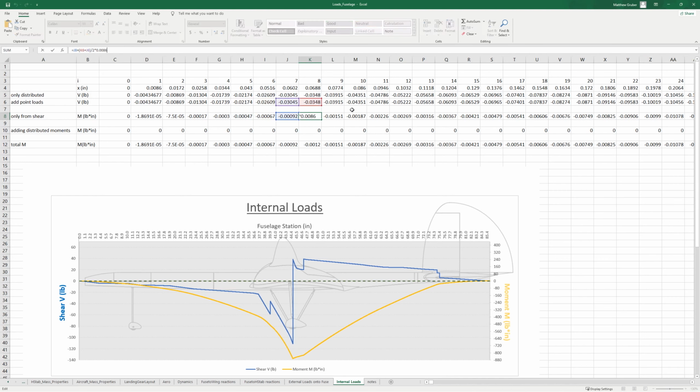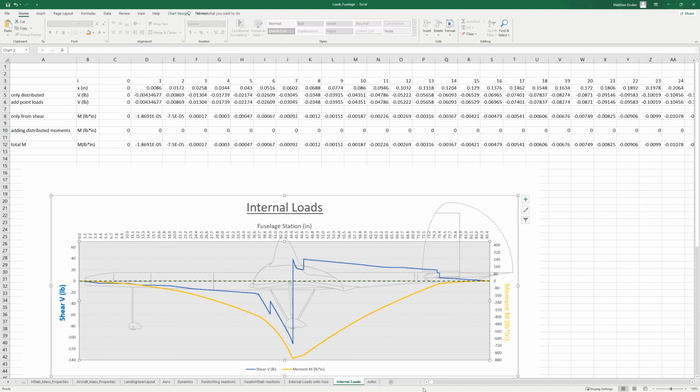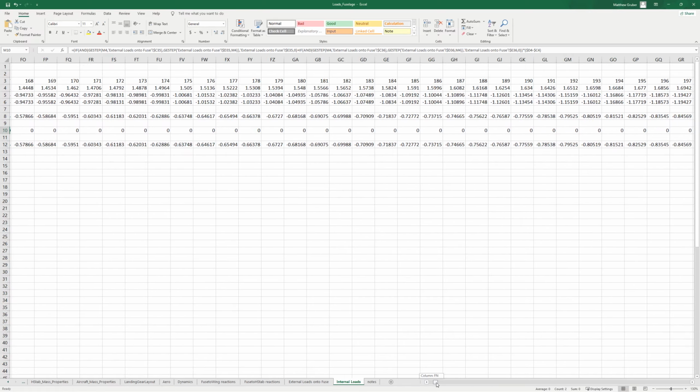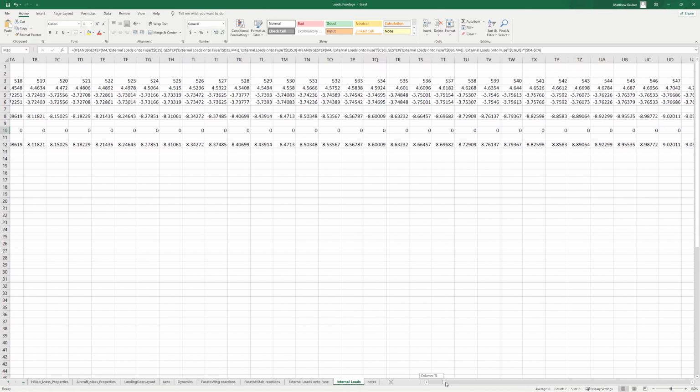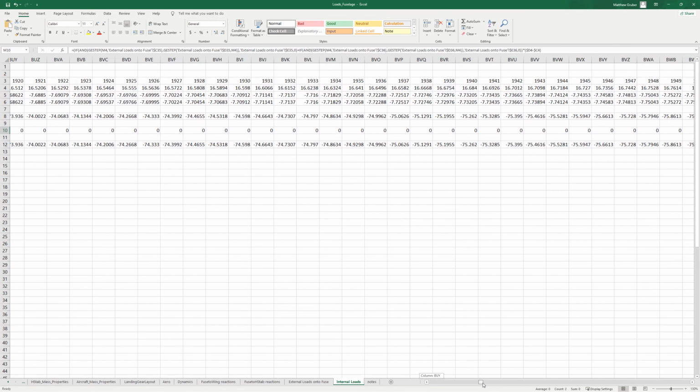I did a trapezoidal approximation, and we also add the distributed moment, so that's 0 everywhere, in this case, except where the wing box is. So we'd have to go find where the wing box is, which I think is at like 40 something inches.